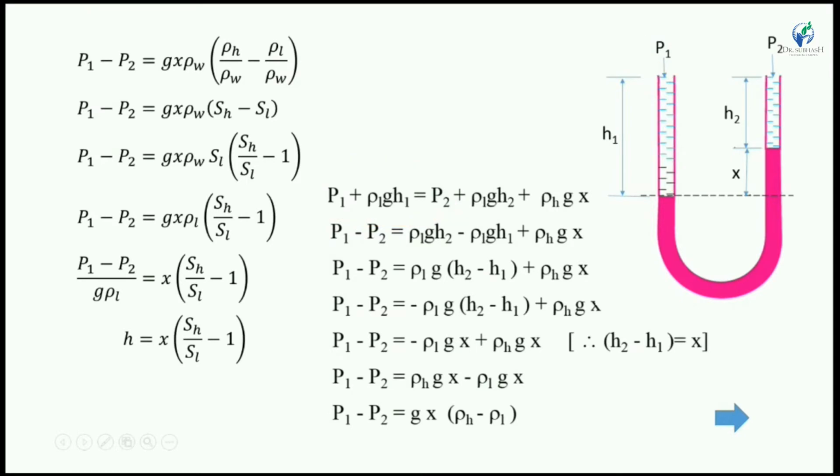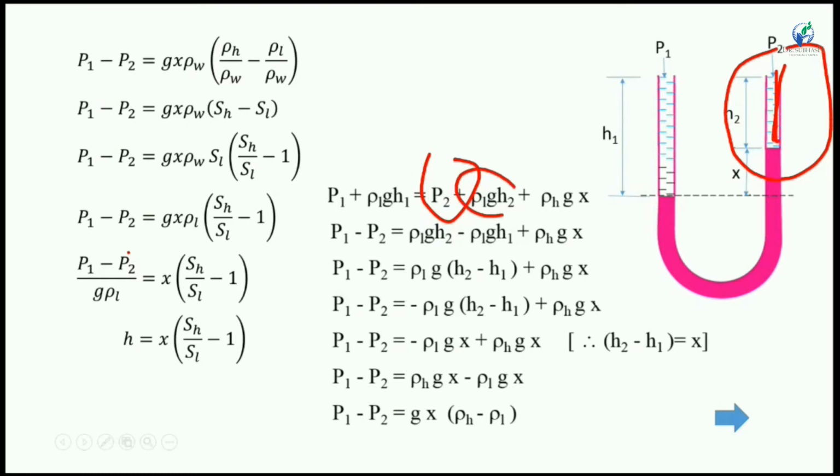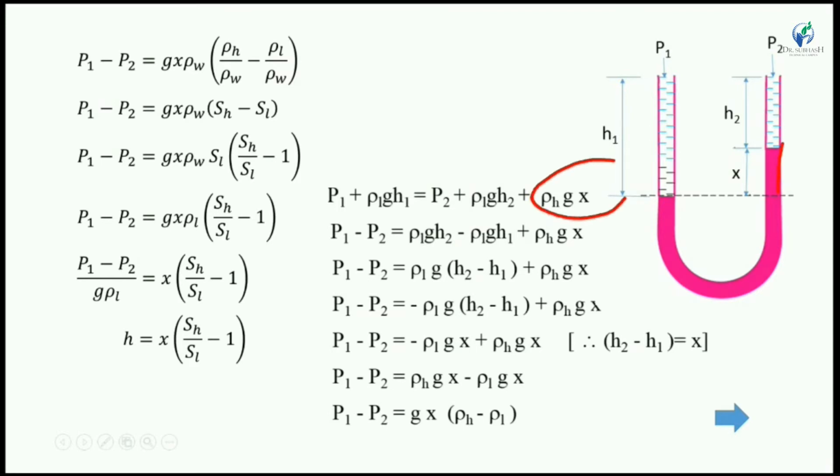Now on the right side of the limb, the pressure at the static point, plus the pressure due to the column of light liquid, rho 1 g h2, and the pressure due to the column of heavy liquid, rho H g x. Density rho H is the density of the heavy liquid and rho 1 is the density of the flowing liquid.